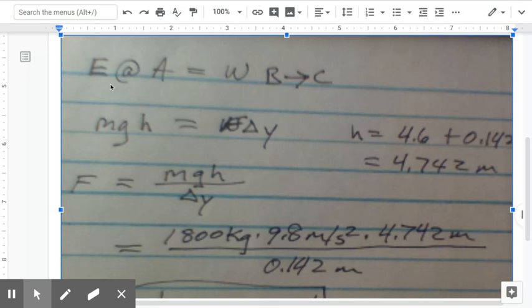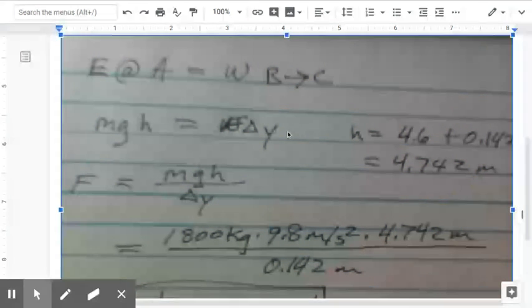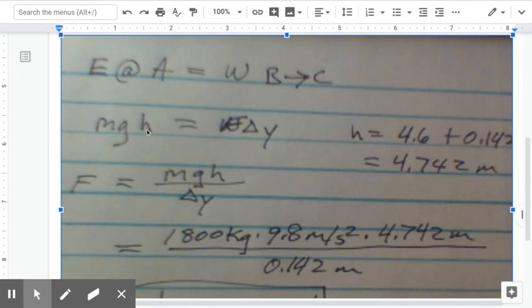So the mechanical energy at A will be equal to the work done from point B to C. The mechanical energy at A is only potential energy, so it's just mgh. And then the work is force times delta y. Again, h is the entire height that it's going to fall, so it's 4.742 meters, not the 4.6. Rearranging this equation for force, we get force equals mgh divided by delta y.